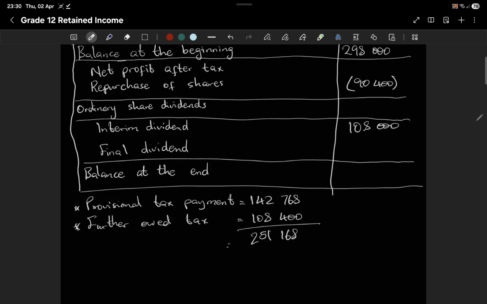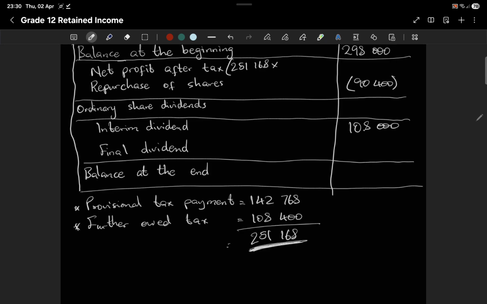Okay, so since we don't have the net profit after tax, but we have the income tax for the year, we are going to use this amount as well as that percentage they gave us of 32% to get the net profit after tax. So you are going to open a bracket here and write the income tax for the year, 251,168. You will say multiply by. Why do I say multiply?